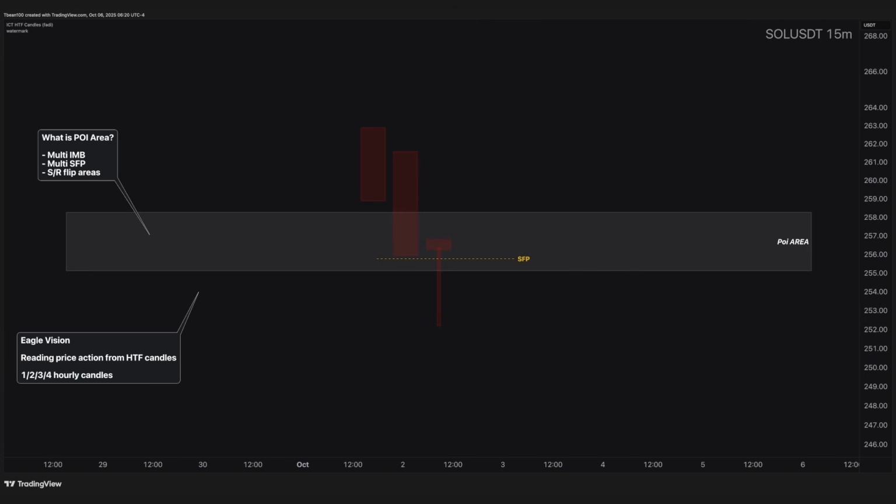Now, the first sign that sellers are losing strength comes when you start seeing those big rejection candles with large wicks. Some traders call them hammers, others call them pin bars, but in price action we refer to them as swing failure patterns, SFP. That basically means buyers are starting to step in. They're reacting to the selling pressure and giving their first pushback.